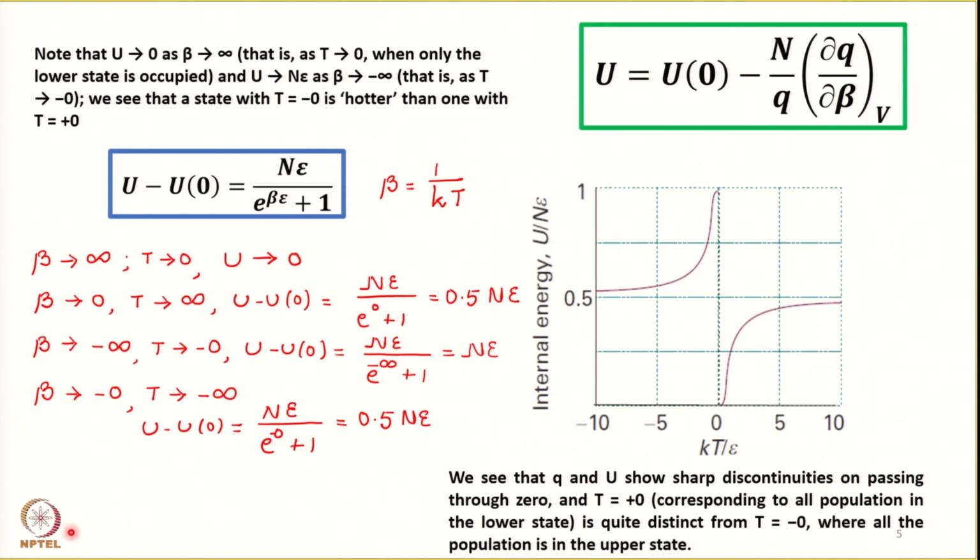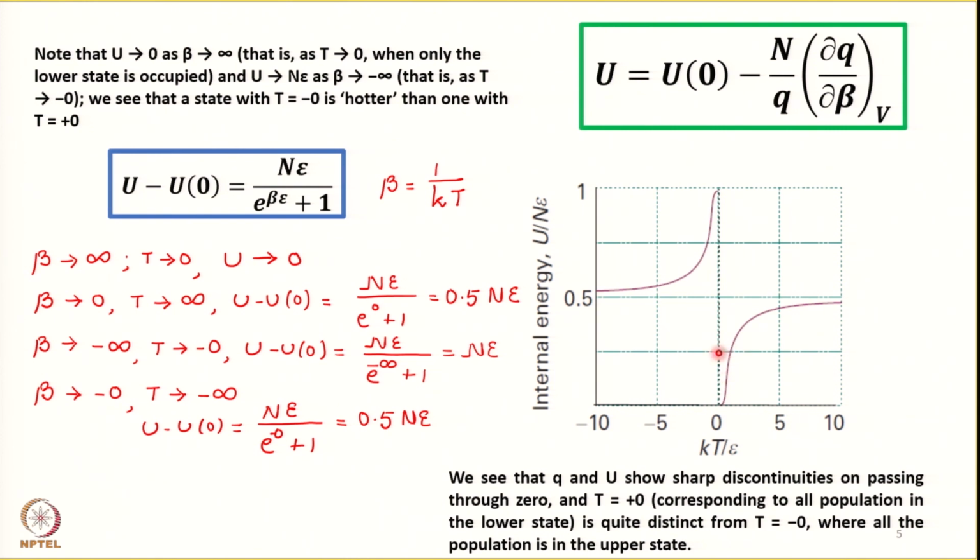Let us read the comments. Note that U approaches 0 as beta approaches infinity, that is, as T approaches 0, when only the lower state is occupied, and U approaches Ne as beta approaches minus infinity, that is, T approaches minus 0. We see that a state with T equal to minus 0 is hotter than the one with T equal to plus 0.